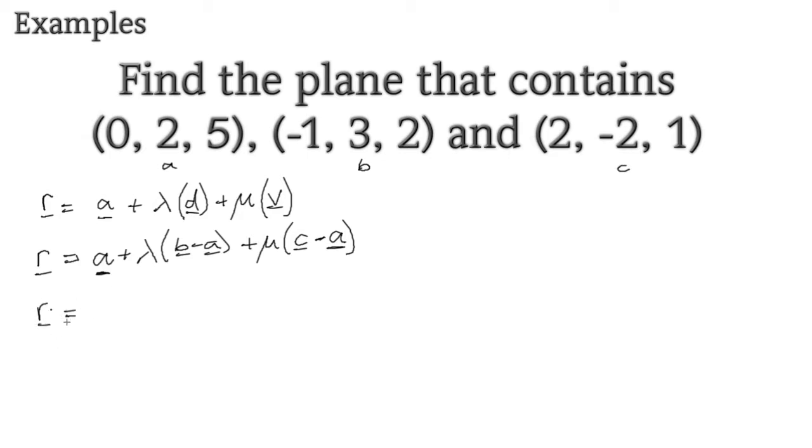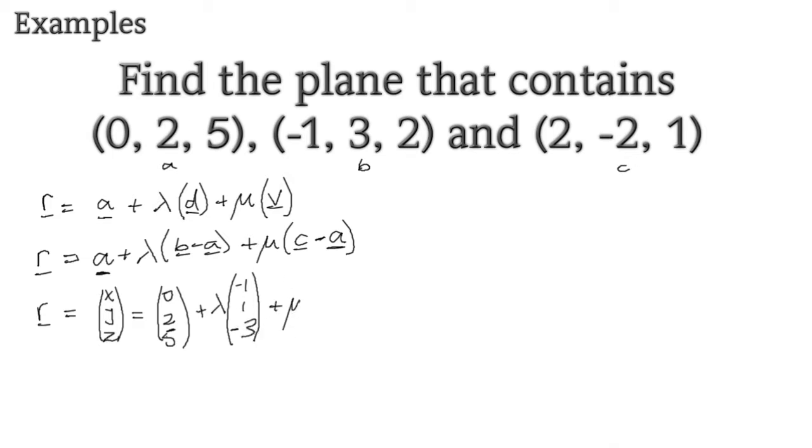So R is defined as (x, y, z) is equal to A, which is (0, 2, 5), add lambda lots of B take A. B take A: -1 take 0 is -1, 3 take 2 is plus 1, 2 take 5 is -3.